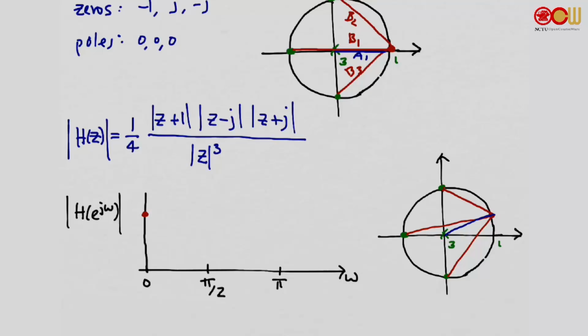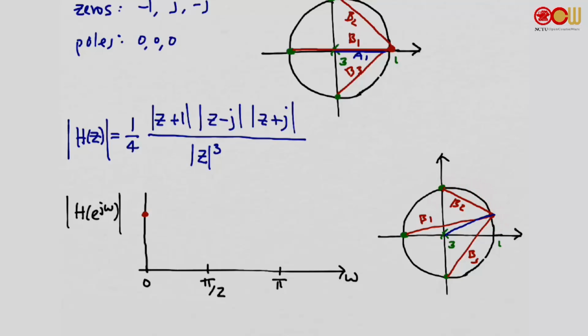As we move, this is our B2 now. As we move towards this zero, this distance becomes smaller and smaller, and when we reach the zero, it will become 0. So the magnitude response will gradually decrease to 0.